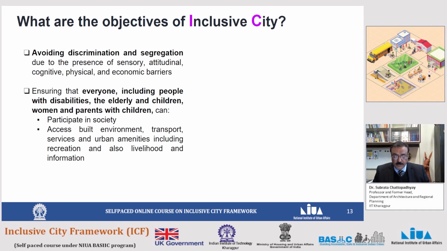Also, ensuring that everyone, including people with disabilities, the elderly and children, women and parents with children, can participate in society, access built environment, transport, services, and urban amenities, including recreation and also livelihood and information.